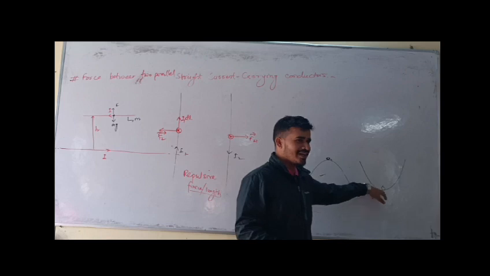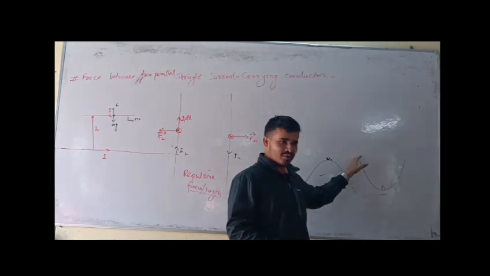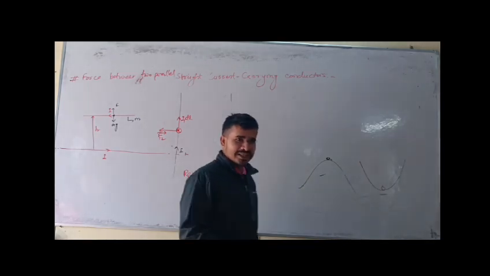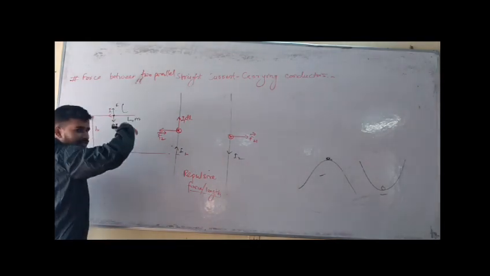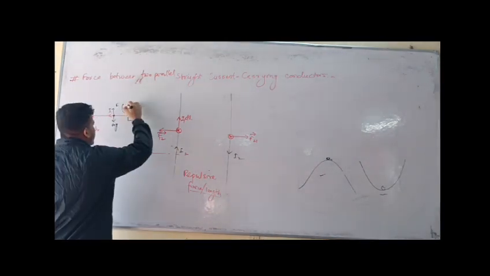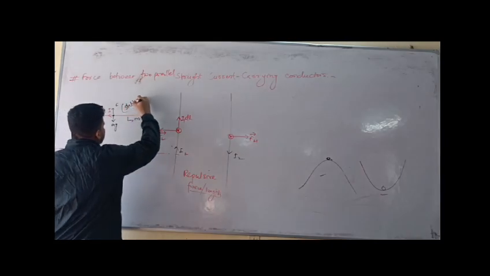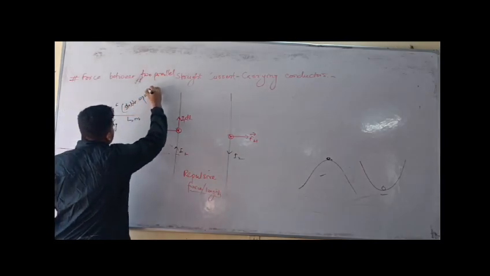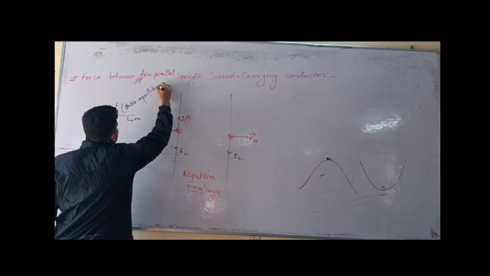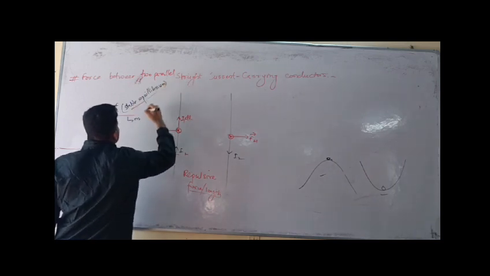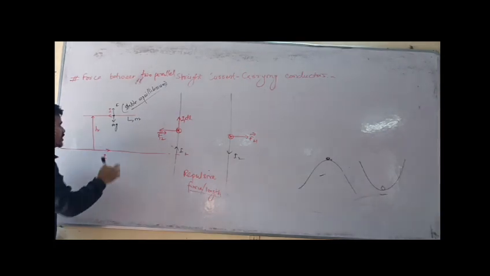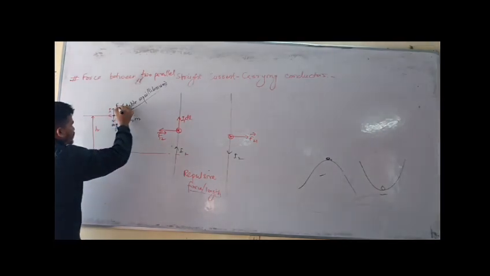Imagine it comes down and can't come back to this point again. In stable equilibrium, there is oscillation. SHM will be there. Stable equilibrium. This is the condition for stable equilibrium: F should be equal to mg.